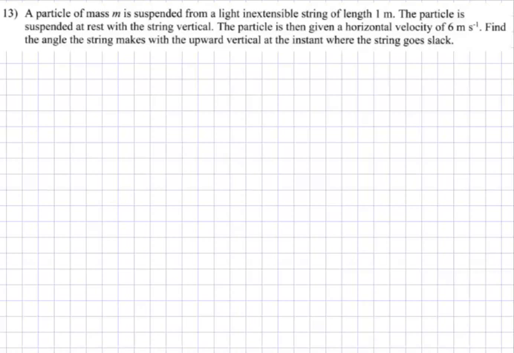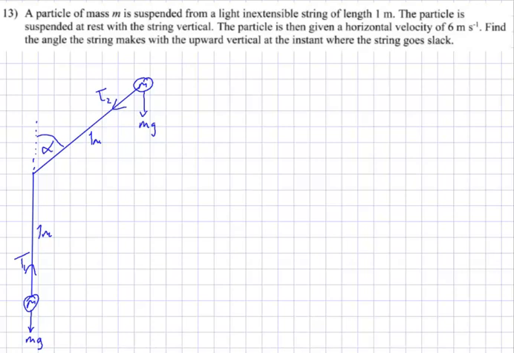Okay, so let's set ourselves up and see what we can describe in terms of the energy, and then separately to that the tensions, the forces. So that's our two scenarios: the string hanging down, with tension on the string and gravity creating a weight on the object, and then when it's swung all the way around, it's got to another point, and the angle we're describing is the angle with the upward vertical, as it asks.